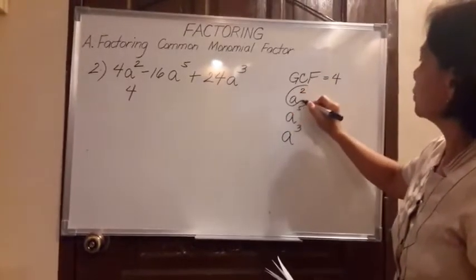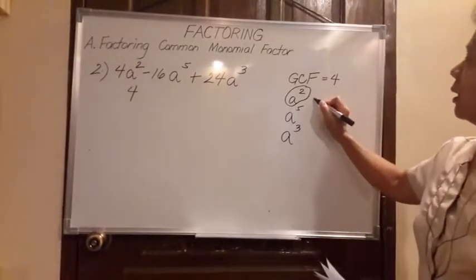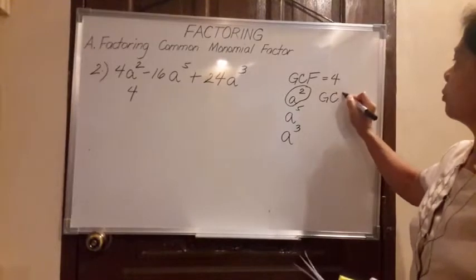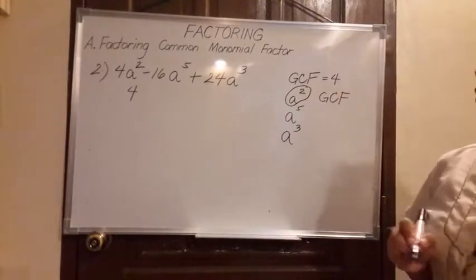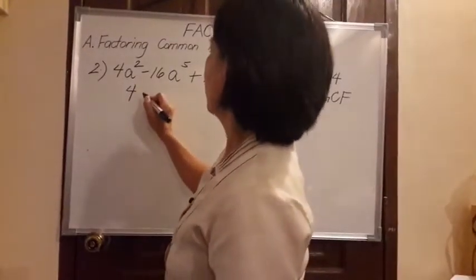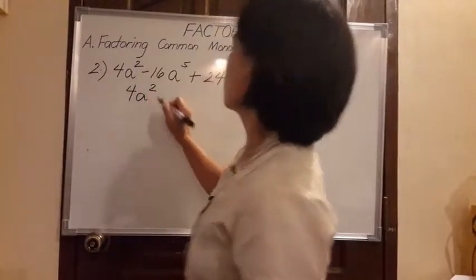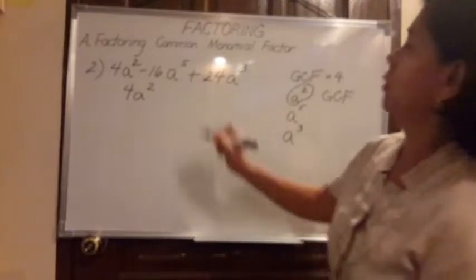The one with the least exponent, that is a squared, will be our greatest common factor for the variables. So aside from 4, a squared should also be the greatest common factor.